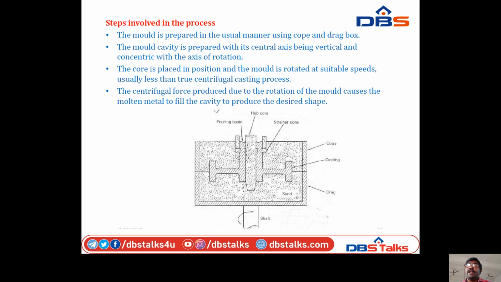The core is placed in position and the mold is rotated at suitable speeds, usually less than in the true centrifugal casting process. The centrifugal force produced due to the rotation of the mold causes the molten metal to fill the cavity to produce the desired shape.